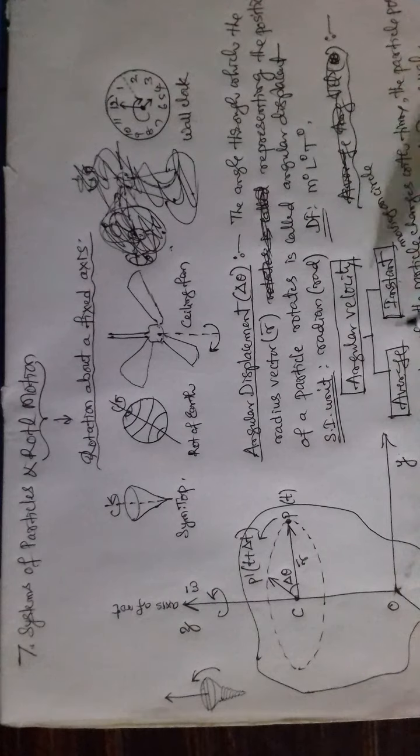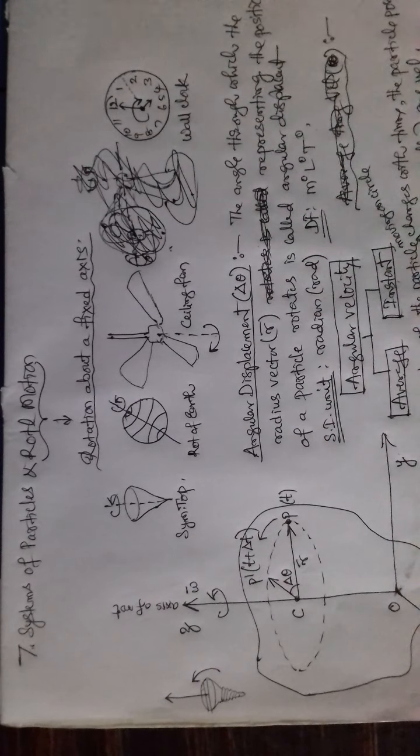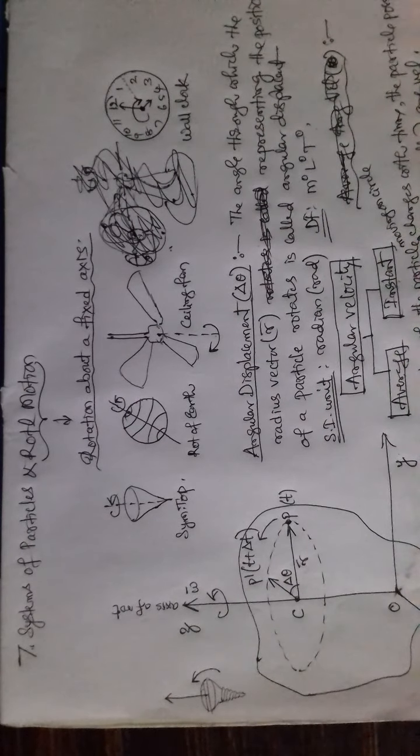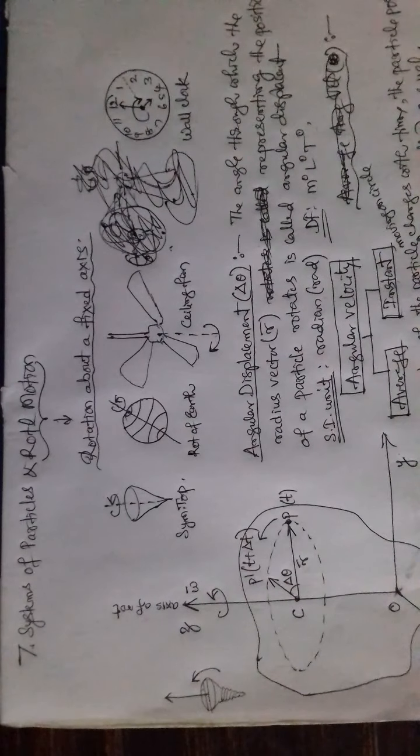In general, angular velocity is defined as the rate of change of angular displacement. Now, in particular, average angular velocity is defined as delta theta by delta t.